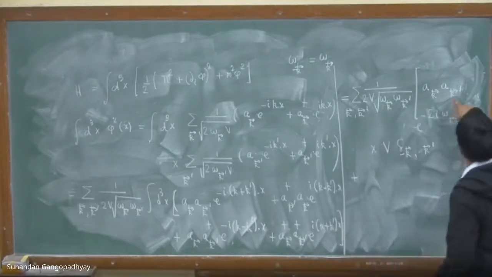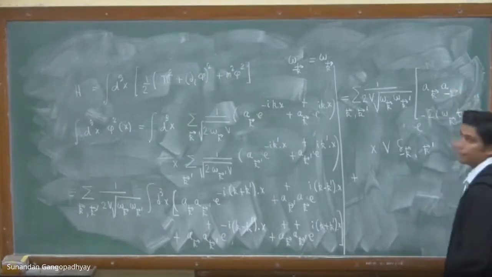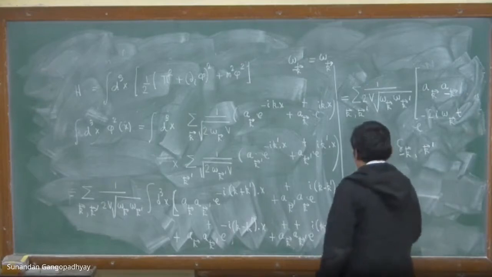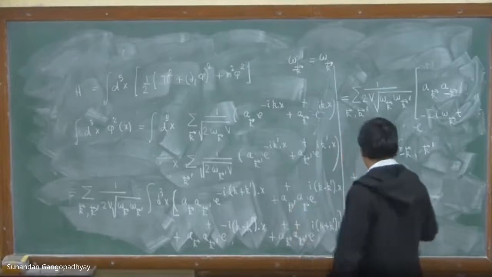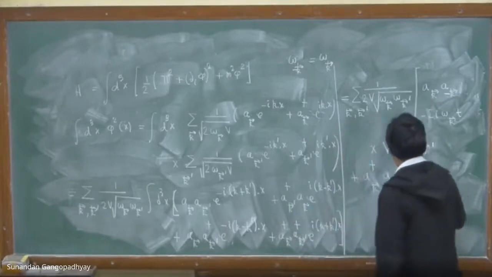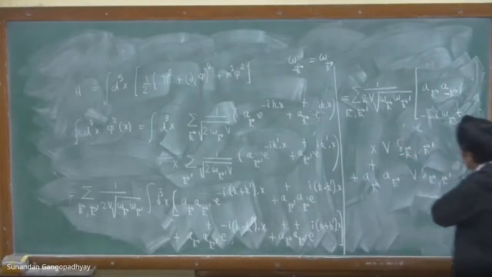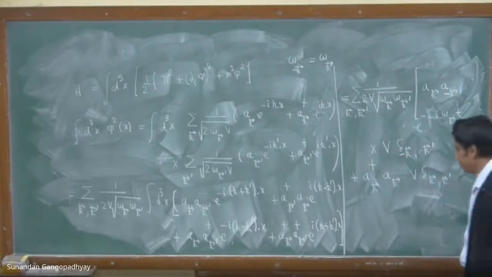Also, here also, this is a k prime, but you can replace the k prime by minus k. For the second term, this is a dagger k. I am replacing k prime by k. a_k. And then you will have a volume factor delta k. As before, this is the same as k minus k prime comma 0.